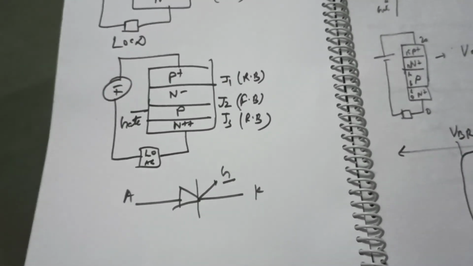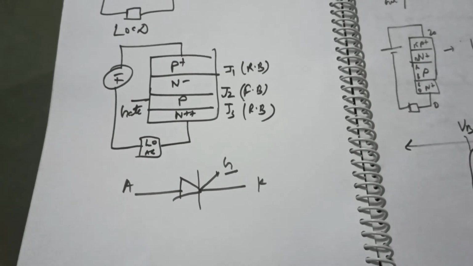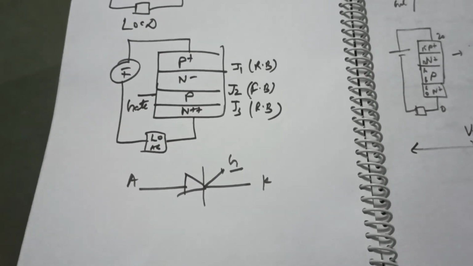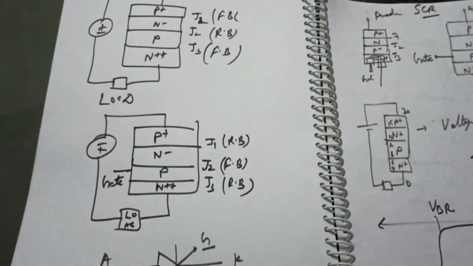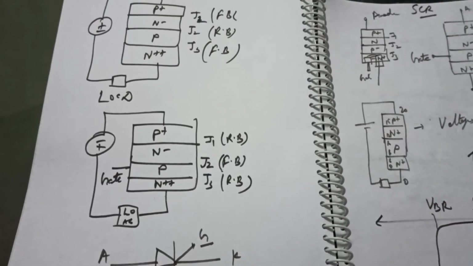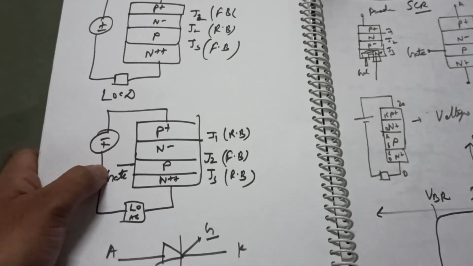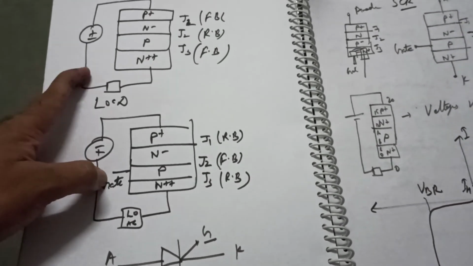This is the schematic diagram of a thyristor. A to K are shown and the gate terminal is quite visible, along with the various layers, the junctions and their bias in the forward and the negative applied voltage.